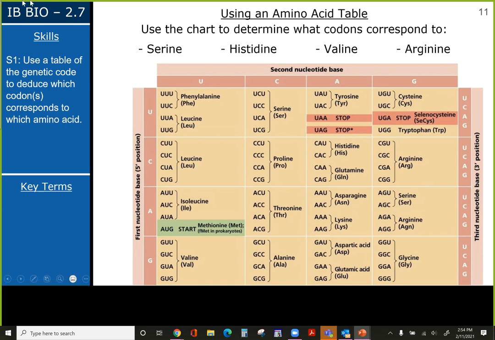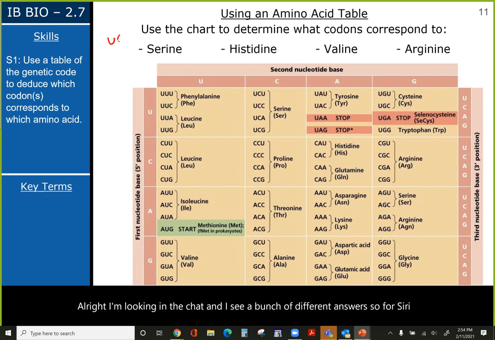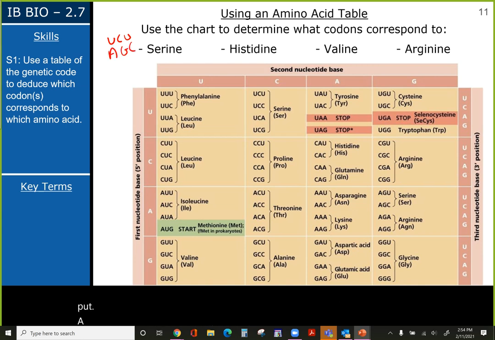All right. I'm looking in the chat and I see a bunch of different answers. So for serine, I see lots of people put UCU, but I also see that somebody else put AGC. So let's see. Where's leucine? Where's AGC? We have AGC. AGC is serine, right?